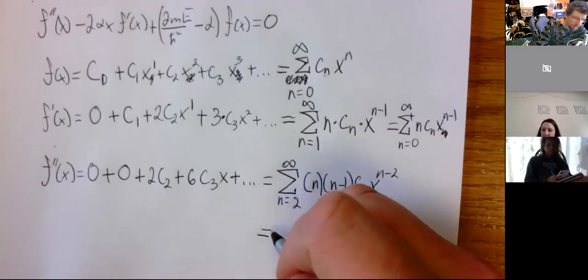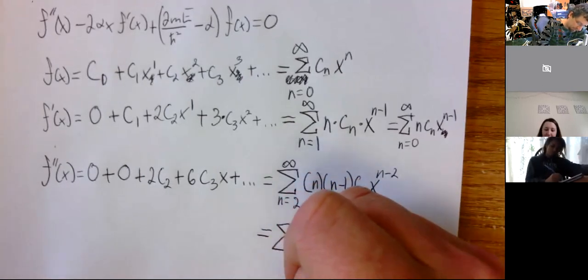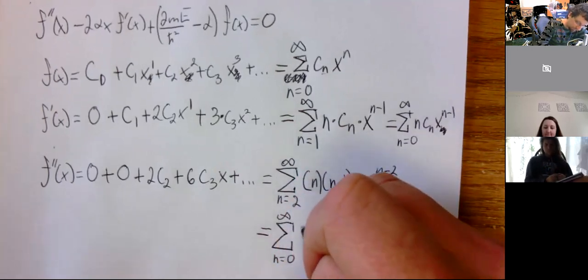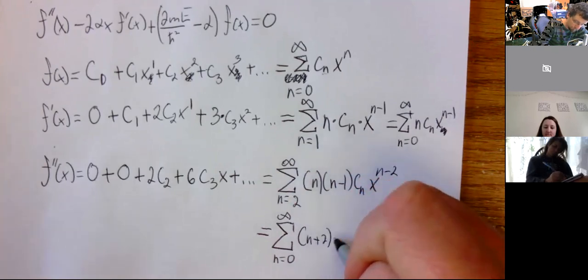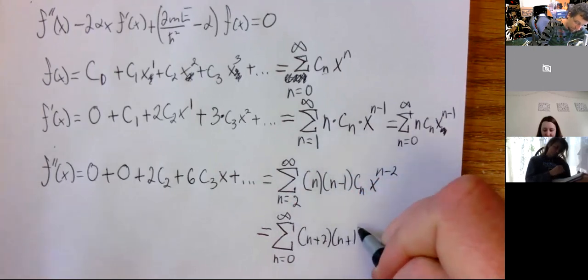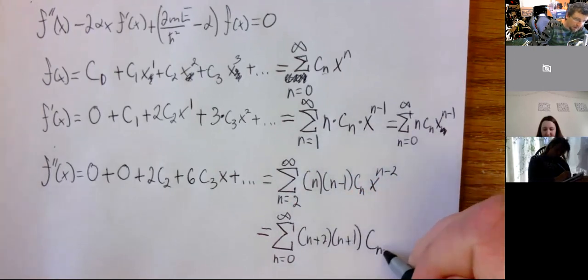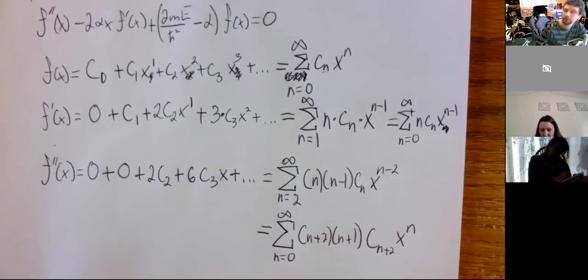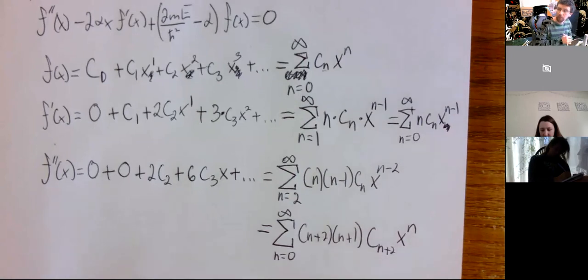It's also equivalent to this, where we start at n equals 0, go to infinity, and get n plus 2 times n plus 1 times Cn plus 2 x to the n. That's where we just shift everything. Those are equivalent to one another in mathematics; they've shown that to be true. Here, we're just going to run with that.